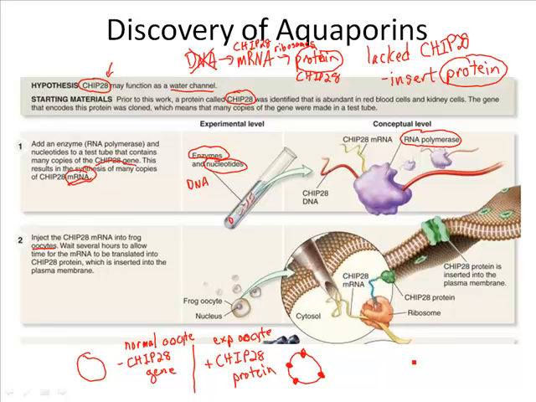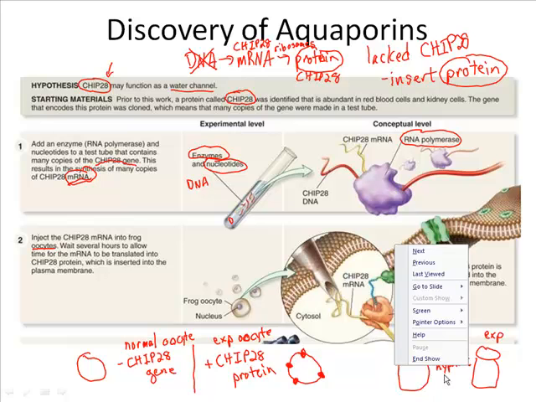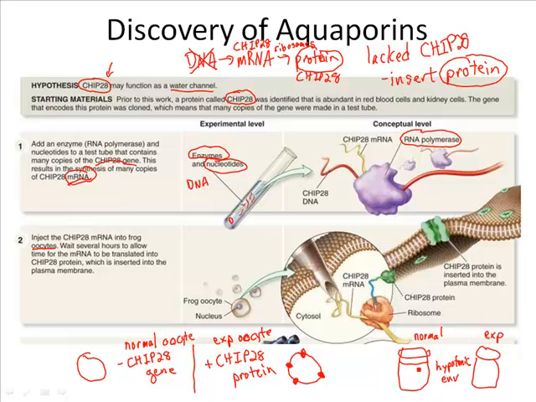If I take two different beakers, we'll call this the normal beaker for the normal oocyte. This is the beaker for the experimental oocyte. And let's say we have a hypotonic environment in each scenario. And we put these cells in.